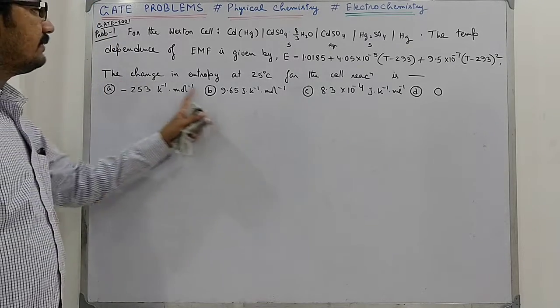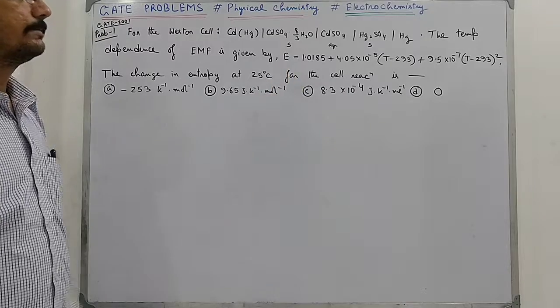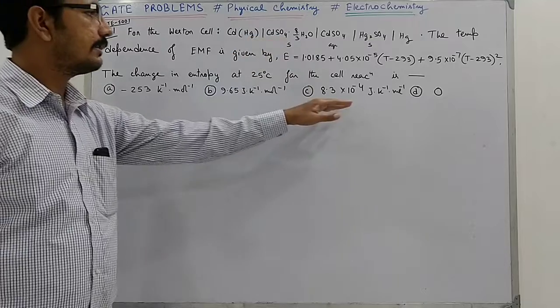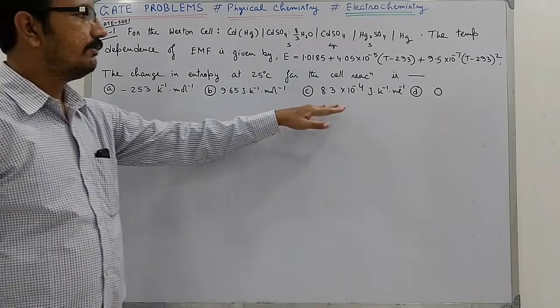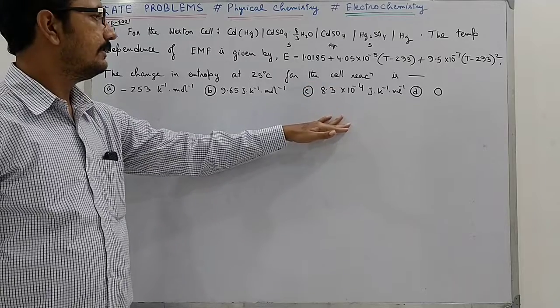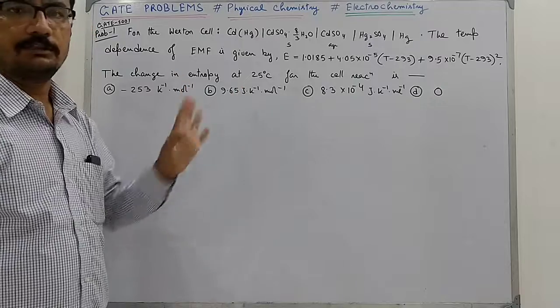You have to find the change in entropy at 25 degrees centigrade for the cell. The reaction occurring within the cell, that is the cell reaction, will be associated with enthalpy change, free energy change, and entropy change, and in this problem you have to find the change in entropy.